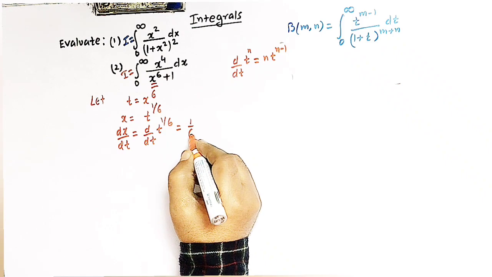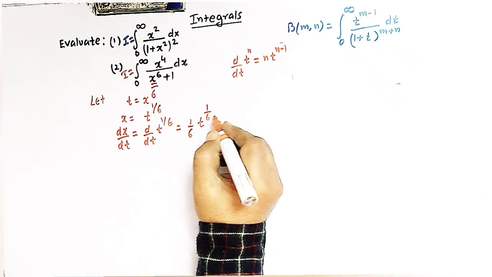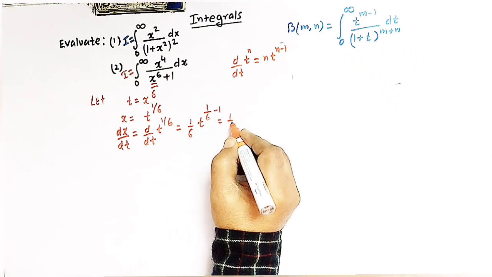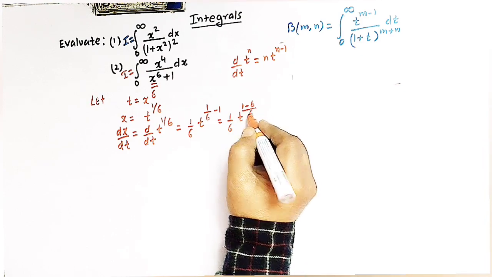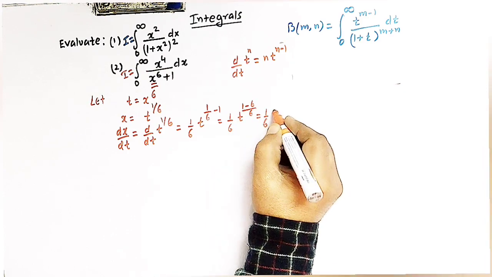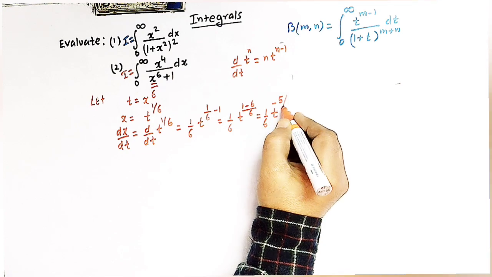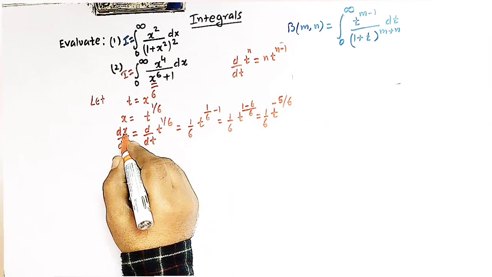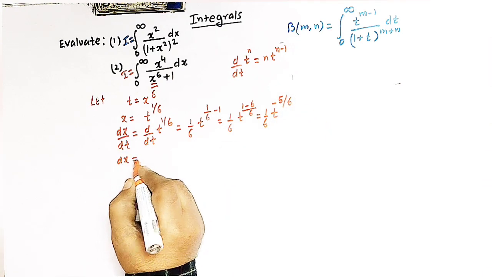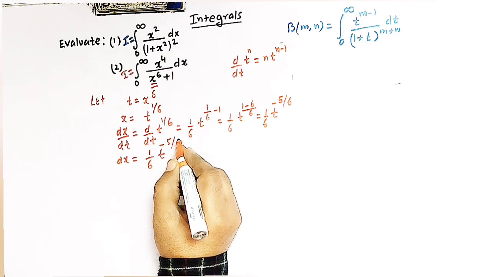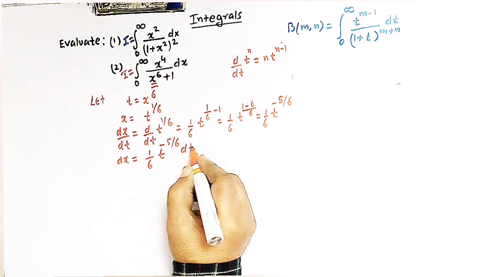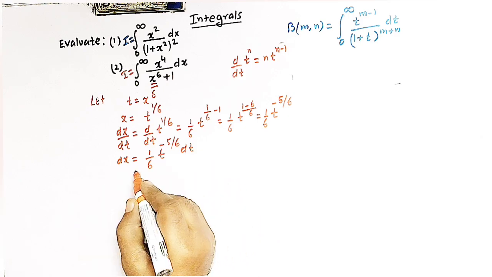So we have 1 over 6 t raised to 1 over 6 minus 1, that is 1 over 6 t raised to 1 minus 6 over 6, that is 1 over 6 t raised to minus 5 over 6. So now we can write dx is equal to 1 over 6 t raised to minus 5 over 6, and here we have dt.